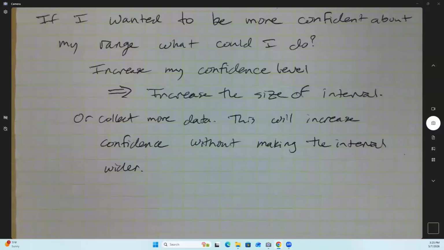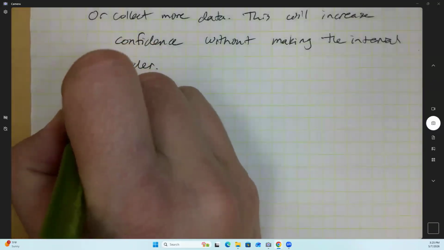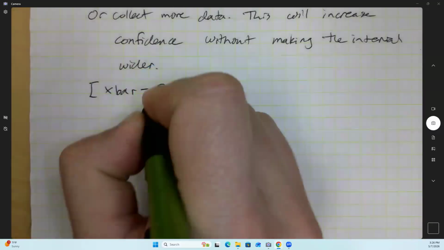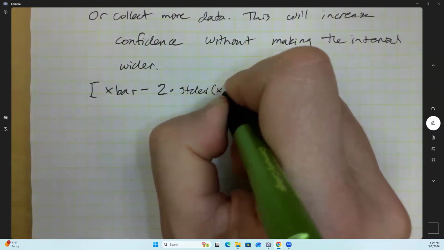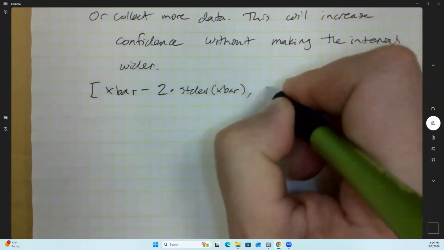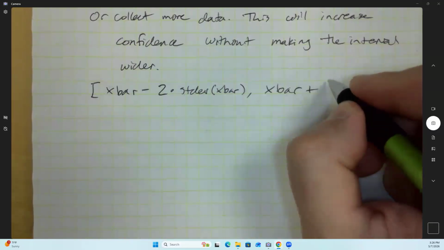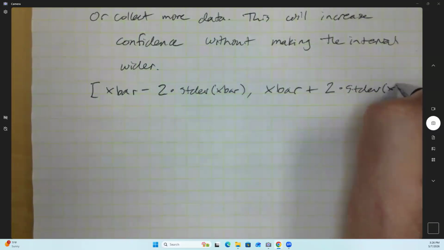Okay, 2 other things I want to say. So the reasonable range, which is x bar minus usually 2, not always 2, times the standard deviation of x bar, and x bar plus 2 times the standard deviation of x bar.